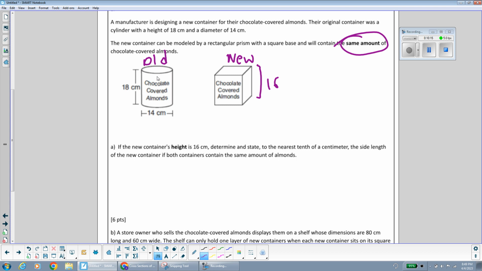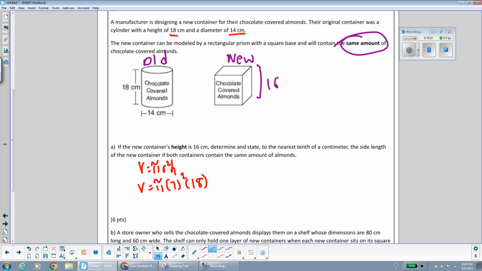Let's first find the volume of the old container. So that's a cylinder. So that's pi r squared times height. It tells us the height's 18 and the diameter is 14. So that means the radius is 7 and the height is 18.